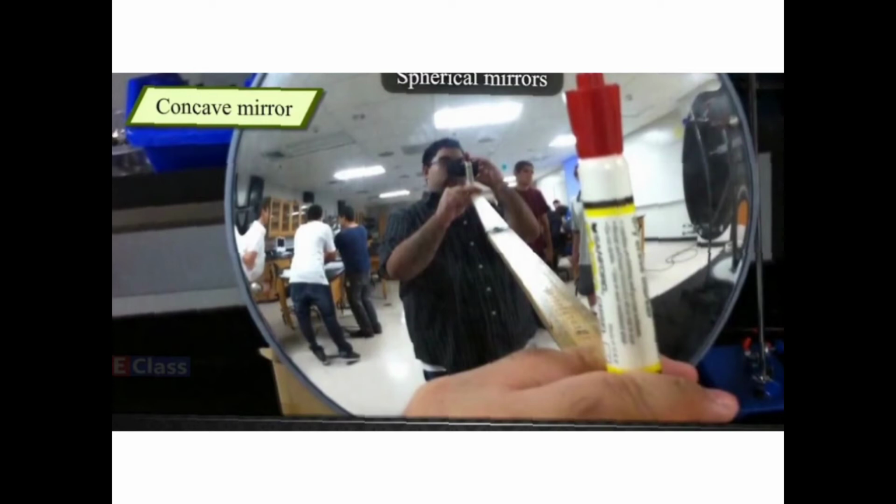The size of the image can be smaller than the object, it can be the same size, it can even give you a point image. So with the help of the concave mirror, we are going to get many types of images and we are going to learn in detail.